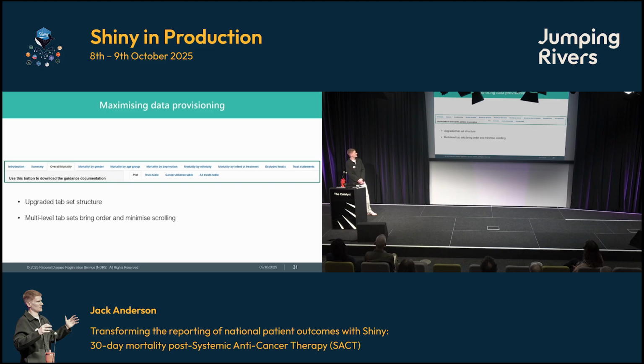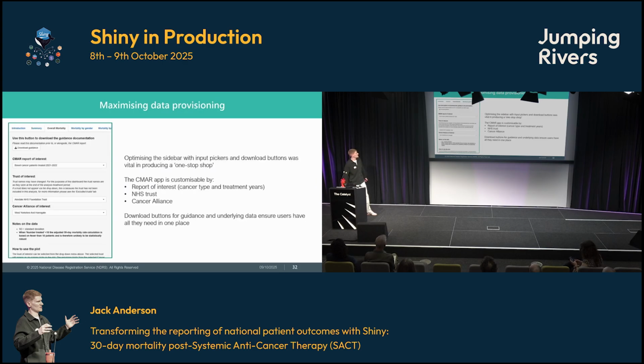So we've upgraded our tab set structure to no longer be repetitive by cancer type, and now it's split by area of analysis with subtabs for the visualization itself. So we're trying to make it as intuitive as possible, and also minimize the amount of scrolling so we're not risking things being missed.